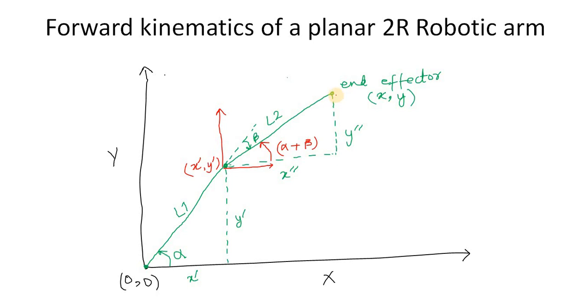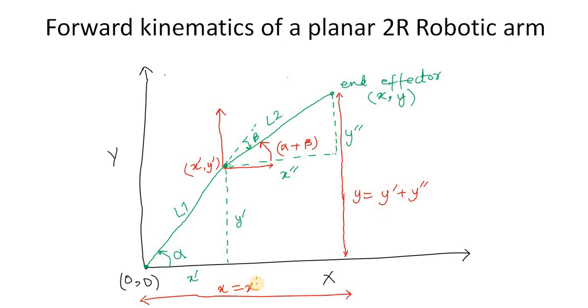So from here to here, this line, this length, which is y, is equal to y dash plus y double dash. And similarly this length from here to here, which is x, is equal to x dash plus x double dash.